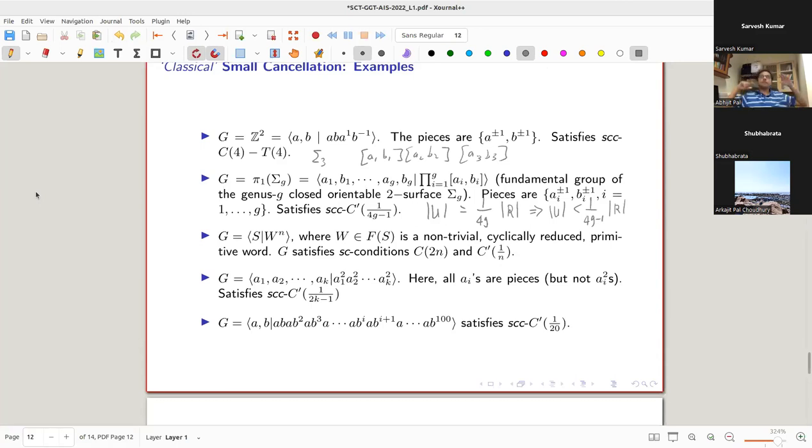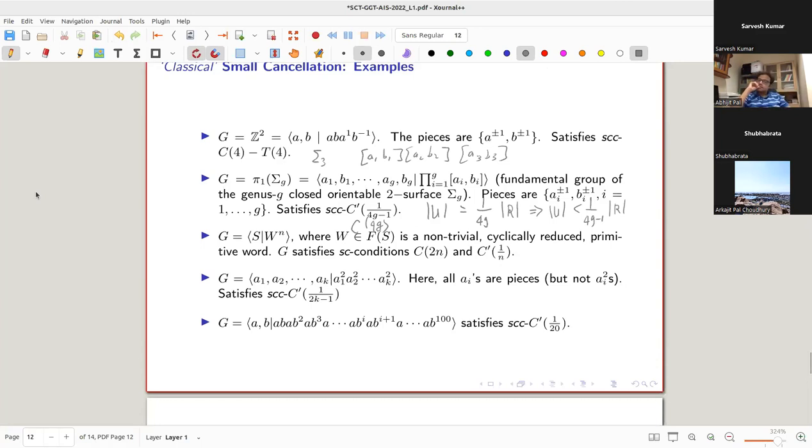So it satisfies this small cancellation condition, and from the same thing you can see that it satisfies the C4G condition.